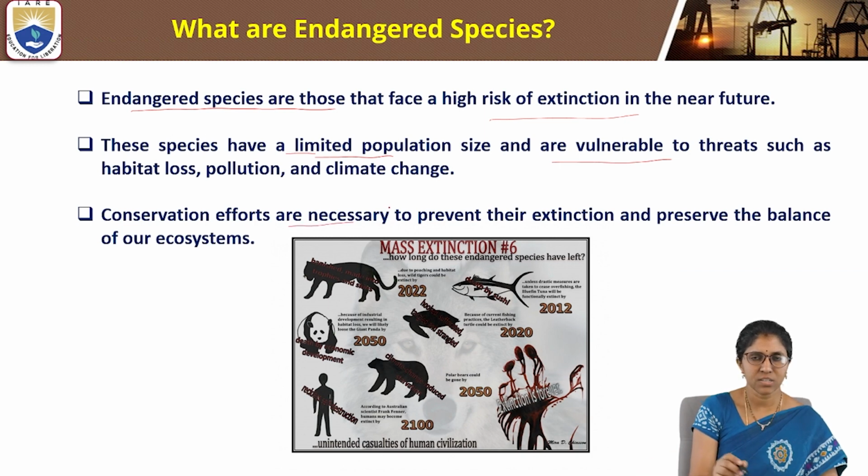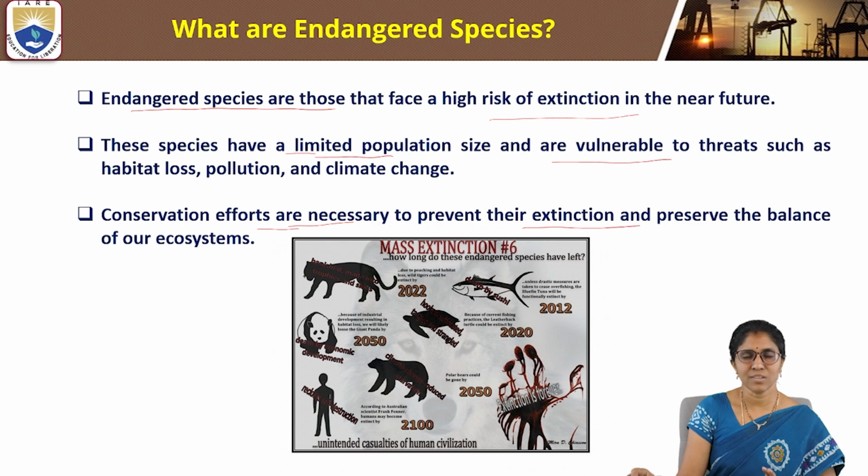Conservation efforts are necessary to prevent their extinction and preserve the balance of our ecosystem. So endangered species are those that face a high risk of extinction in the near future, meaning they have a small population size.